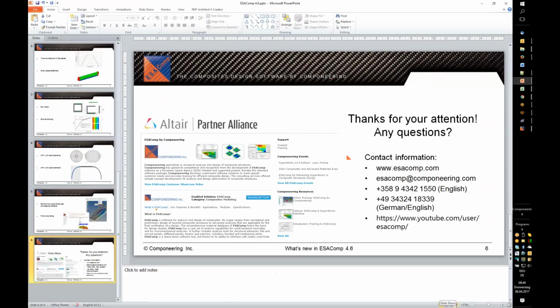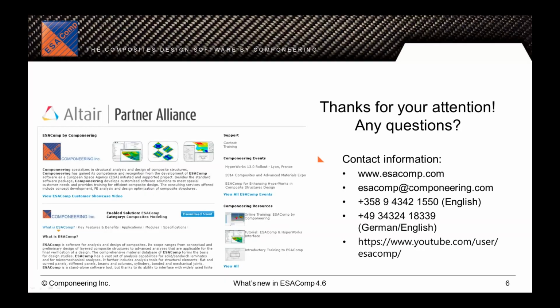Just some general remarks before we swap over to some questions and answers. First of all, you all know that the 4.6 Windows version has been just released. The Linux version is coming up quite soon with a few minor enhancements and fixes in there.